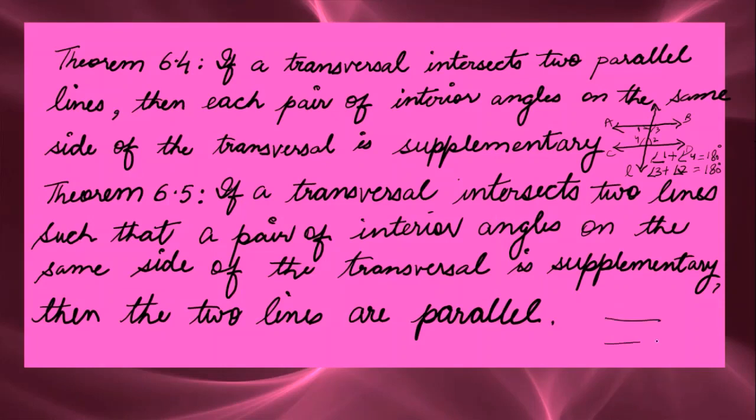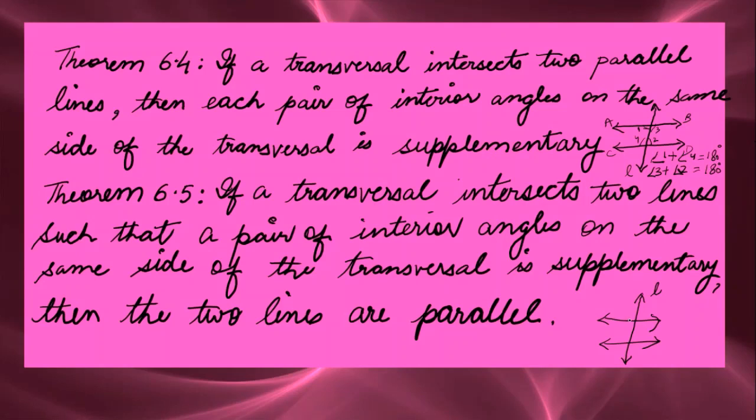If a transversal intersects two lines such that a pair of interior angles on the same side of the transversal is supplementary, then the lines are parallel. This time it is the reverse.